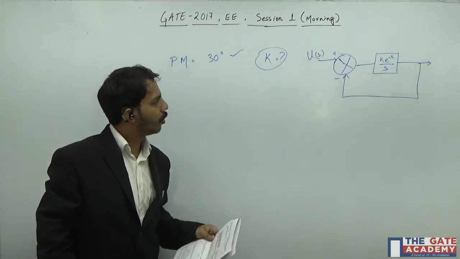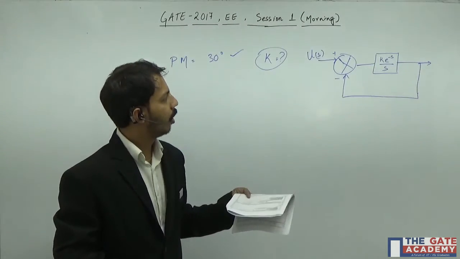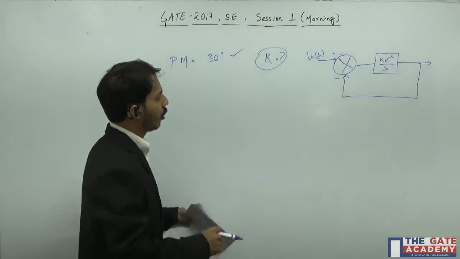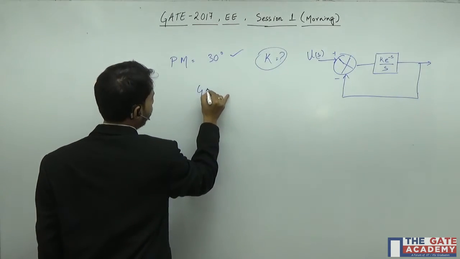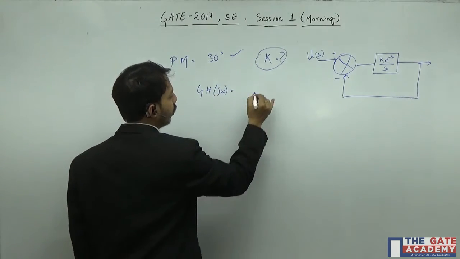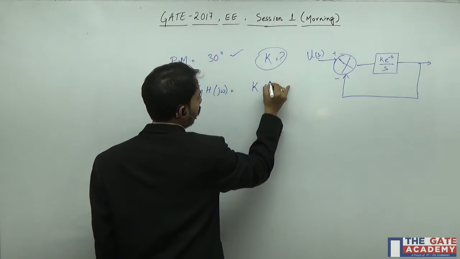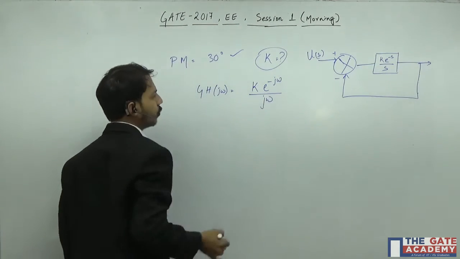First of all, let us write this expression as a sinusoidal transfer function. So I can say G H (j omega), the sinusoidal transfer function, I can write as K e to the power minus j omega by j omega.